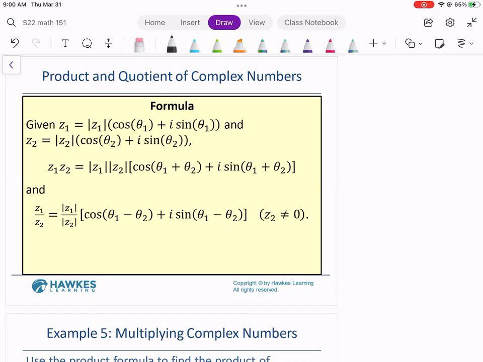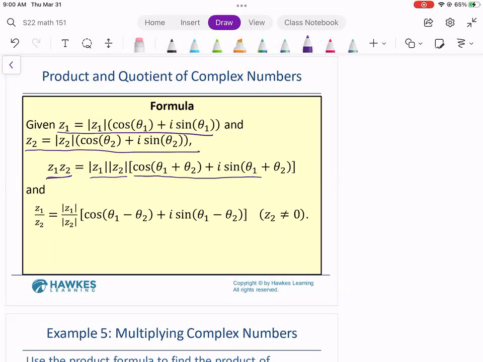I have the two formulas here for you. And let's just talk through those. We're talking about two complex numbers, Z1, which we're writing in trigonometric form, and Z2. So there's a lot of subscripts there, but notice that it's just designating between the two different Z values. If you wish to multiply those two complex numbers together, you can simply multiply their magnitudes.